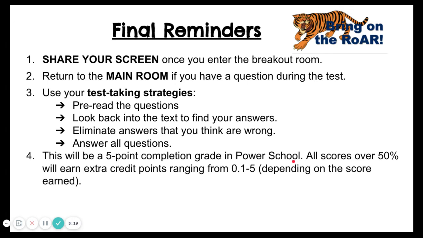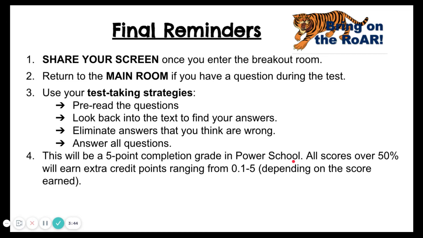This will be a 5-point completion grade in PowerSchool. So if you complete the assessment, you will get a 5 out of 5. All scores over 50% will earn extra credit points ranging from 0.1 points to 5 points, depending on the score earned. So if you receive 100% on this benchmark, you will get 5 extra bonus points.